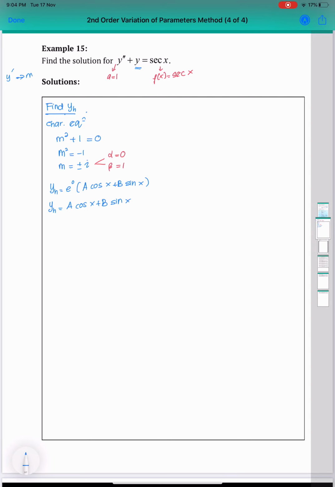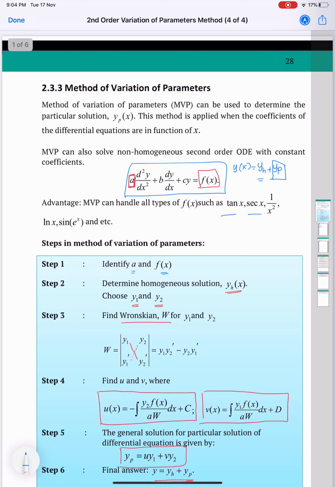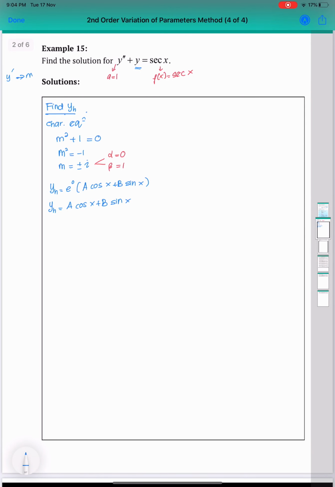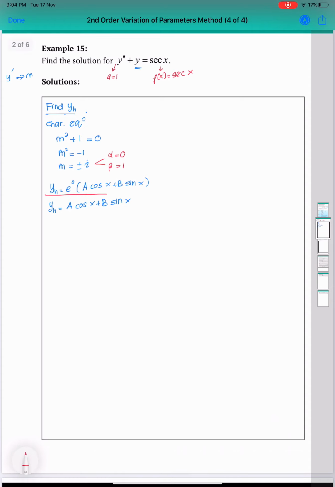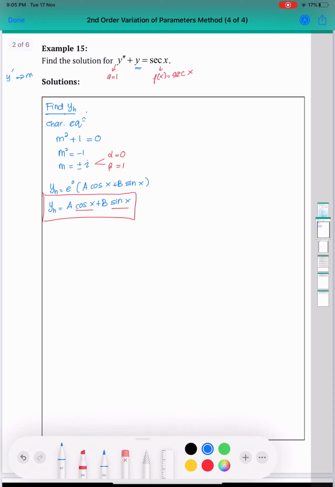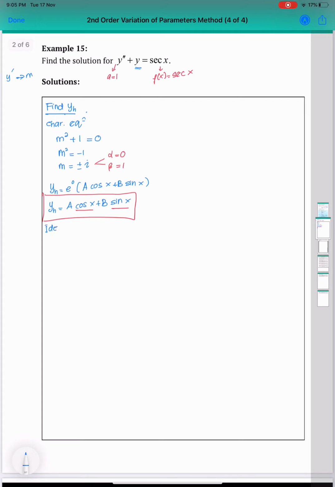Next step, from your yh, determine y1 and y2. Your y1 and y2 come from the terms in your yh. You see you have cos x and sine x, so identify y1 and y2 from yh.